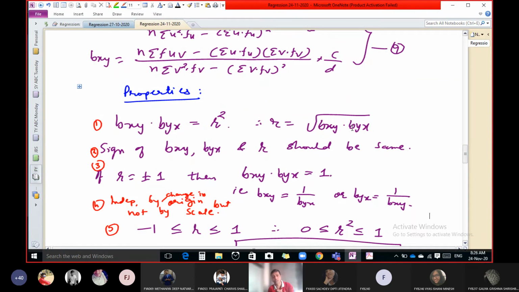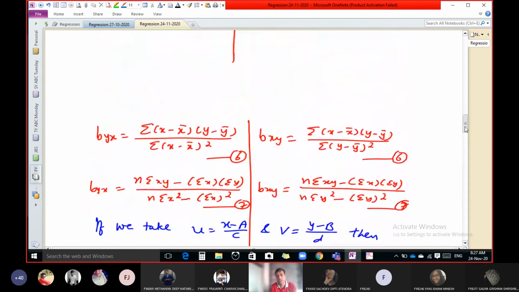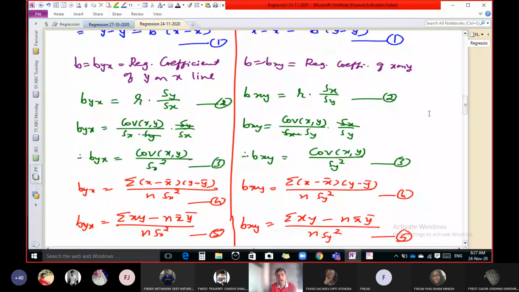Second property: the signs of bxy, byx and r should be the same. Now listen, if r is positive, meaning correlation is positive, then bxy and byx should be positive. If correlation is negative, then bxy and byx should be negative. So the sign of bxy and byx depends on r, because this is the formula of byx, r into sy upon sx.